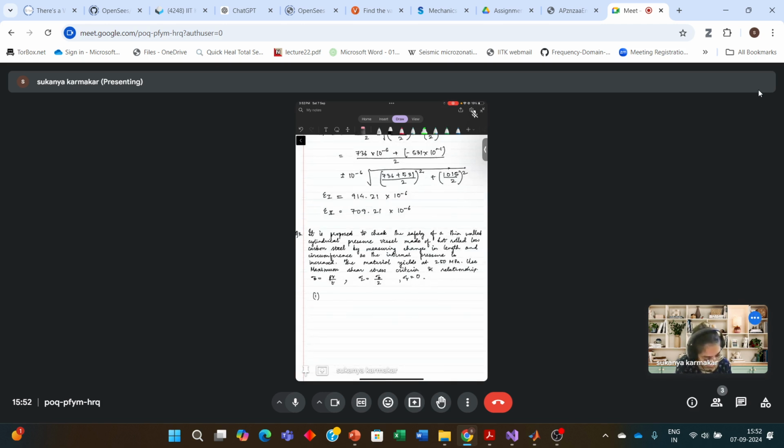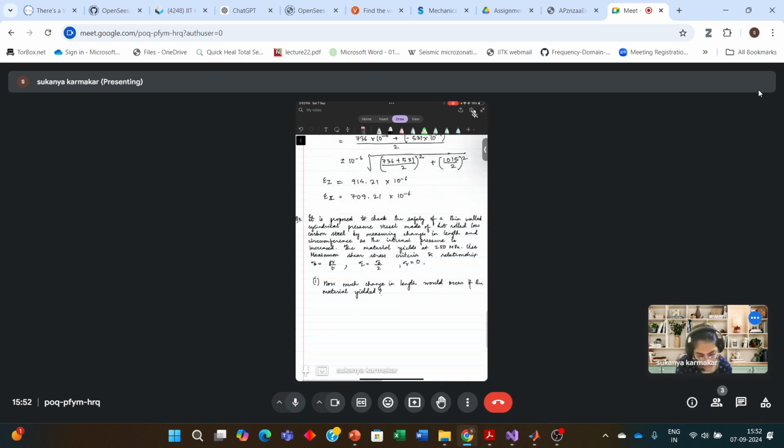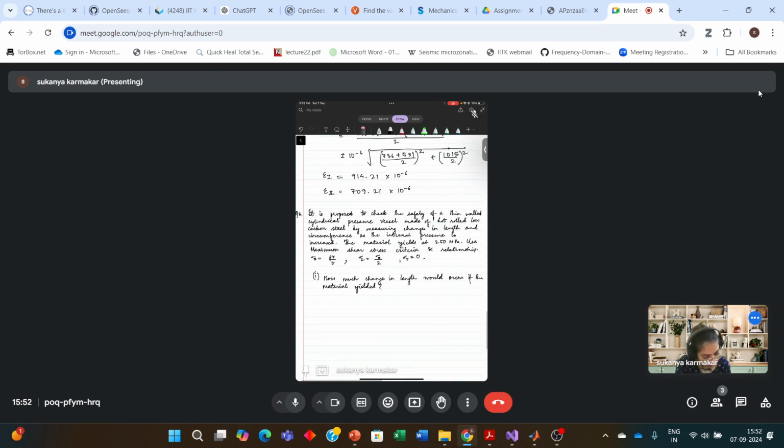We have to find out how much change in length would occur if the material yielded, and how much change in circumference would occur if the material yielded.